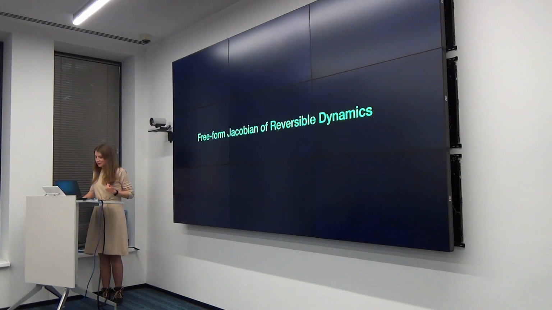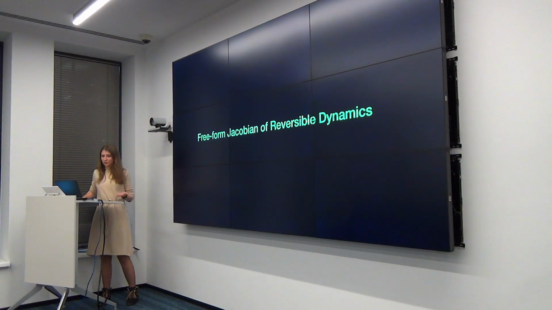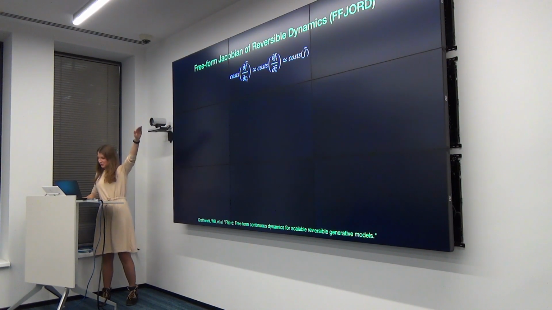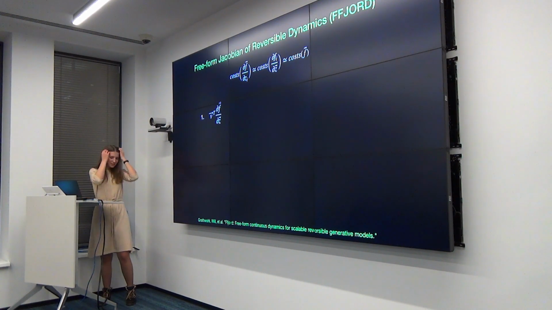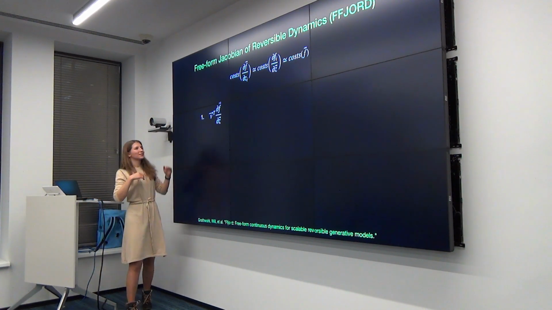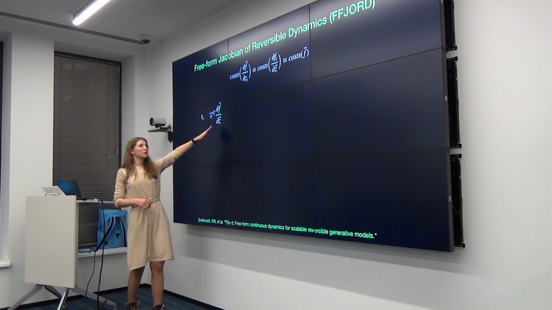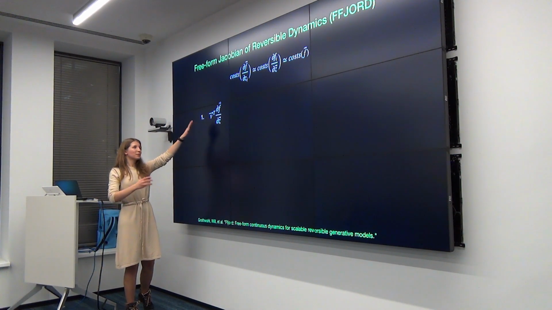Authors of FFJORD invented some tricks which help us reduce the computations of the trace. Let's see how they do it. This is what we should keep in mind. And the first trick. Let's look at this multiplication. This is our Jacobian matrix, and this is some constant vector.